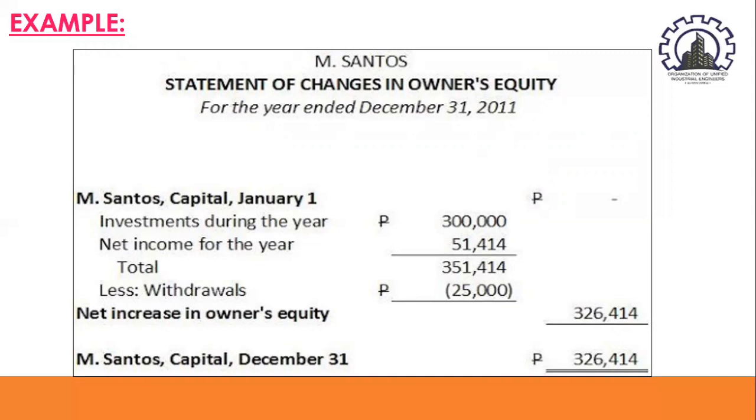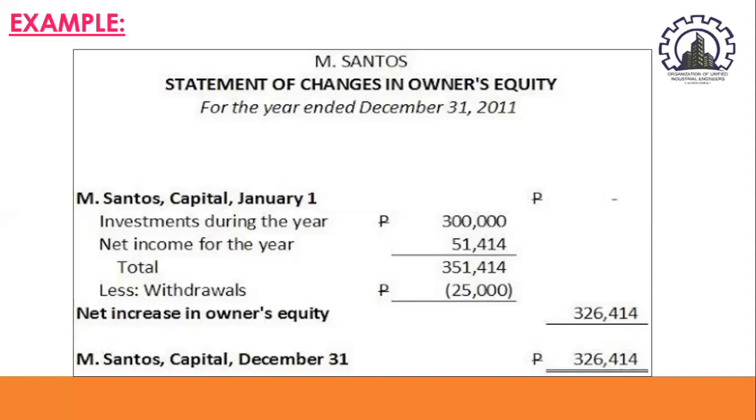Now, based on our definition, statement of changes in owner's equity shows the changes in equity arising from additional investment. Now, as you can see, we actually have an additional investment during the year. So you have there investments during the year amounting to 300,000 pesos, okay? So in this case, the first thing that appears on your statement of changes in owner's equity, you have your M. Santos capital beginning.